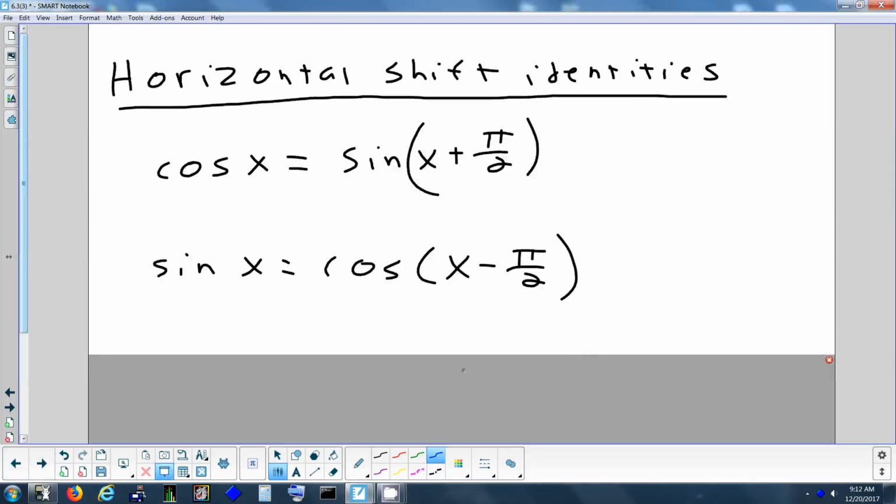You could take an equation that had sine, and you could change the trig function to cosine, as long as you change the argument, by shifting it pi over 2 radians. Okay, so that's called a horizontal shift identity. Any questions on that?